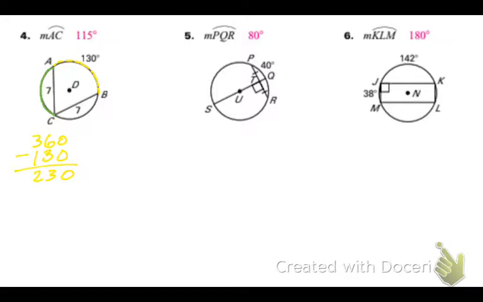And we notice that this side is equal to this side, so it means that these two arcs have to be equal to each other. So we can divide 230 by 2, and we get 115. So one of those two arcs, AC, is 115.